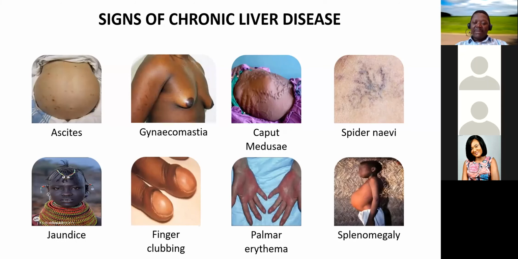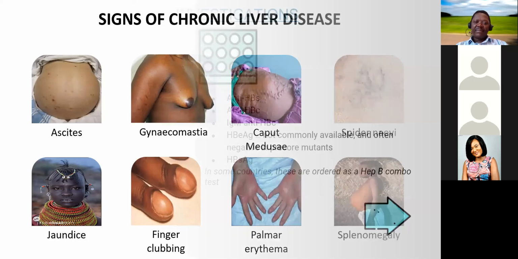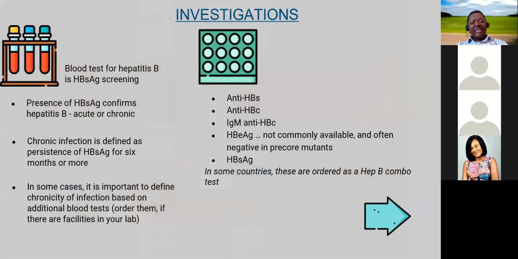And then enlargement of the spleen, okay? Those are signs that the damage has actually progressed very far. How do you investigate? Of course, this I have summarized earlier. You do biology. You then undertake certain major tests, including HBV DNA.